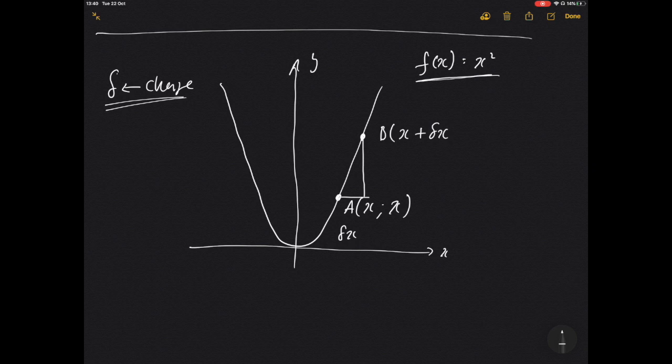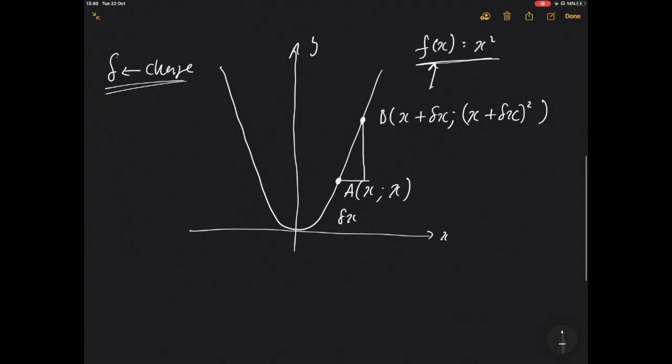We use it quite a lot, especially with differentiation, and we'll talk a little bit about that later. So if we have x plus delta x, which is our small change here, what would that be in our y location? Well, we know our function. If this is our function, that goes back into x, which would mean that this would be x plus delta x squared.